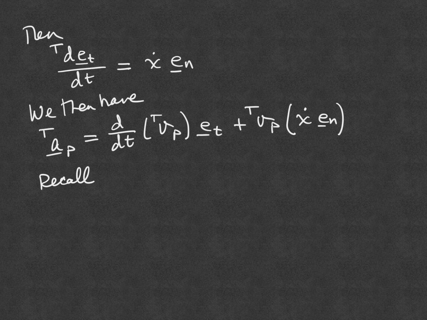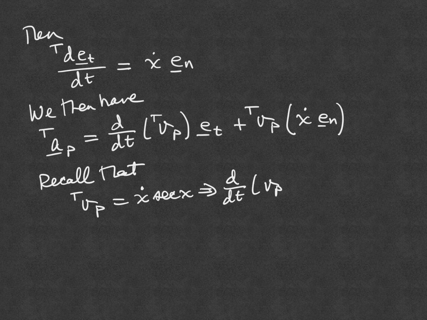We can recall that the speed is equal to x dot secant x, which implies that the rate of change of the speed is just equal to x double dot secant x plus x dot times the rate of change of secant x, which is x dot squared secant x tangent x. And that is what goes into this first expression.